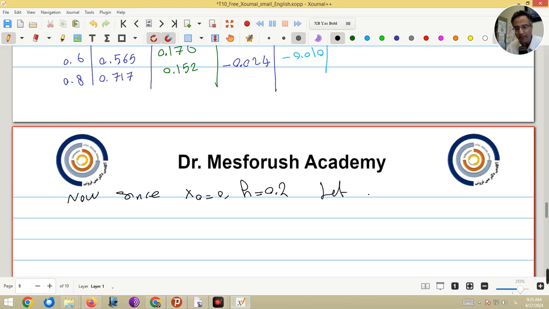Let, for example, x be equal to 0.3. I want to find P of x.